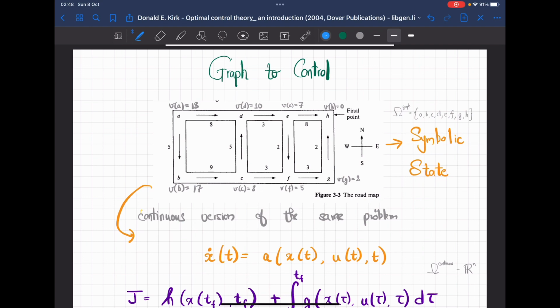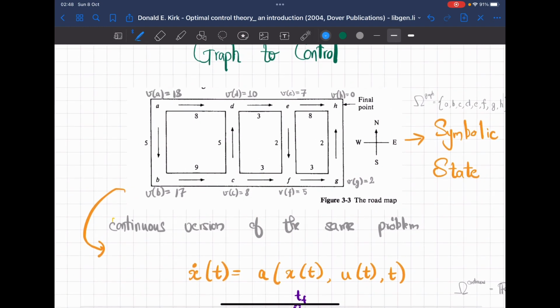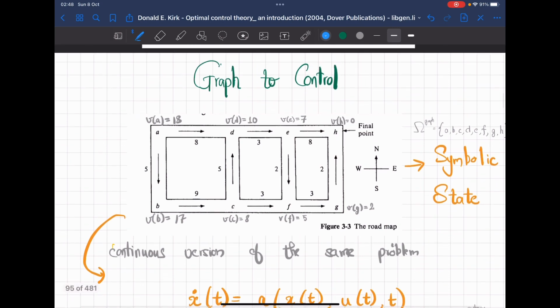As discussed before, we have a graph problem where these states are symbolic, like state G, F, C, D. And the idea is that we find this value function, and once this is found, it becomes easy for us to navigate the graph, in the sense that if we find ourselves in a certain state, we can navigate to the final state by following the optimum path as given by the value functions.